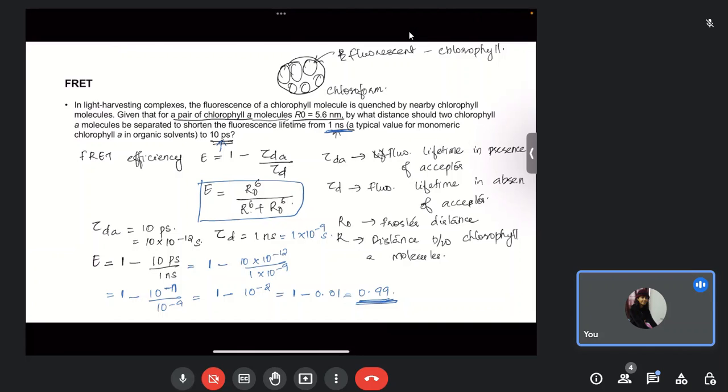So this is where we have found the FRET efficiency for these closely spaced chlorophyll molecules, given the fluorescence lifetime with and without the acceptor molecule next to it. And we've been given the Förster distance.